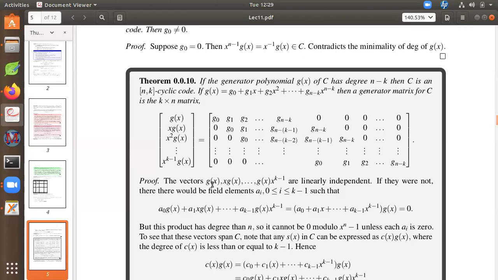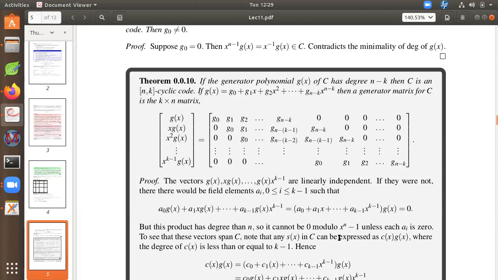Now we can easily show that g(x), x g(x), and so on, these rows, are linearly independent. If not, how do you prove it? Take a0 g(x) plus a1 x g(x) up to a_{k-1} x^{k-1} g(x), equal to 0.